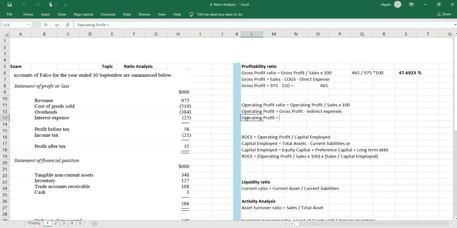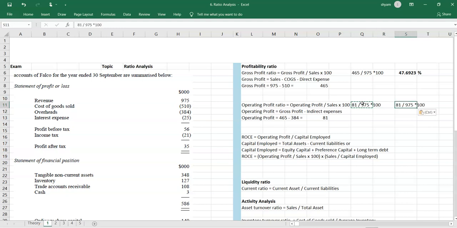So operating profit would be from gross profit. Gross profit is 465. From there we will minus the 384. So we will get the answer. So operating profit is 81. So 81 is the answer.